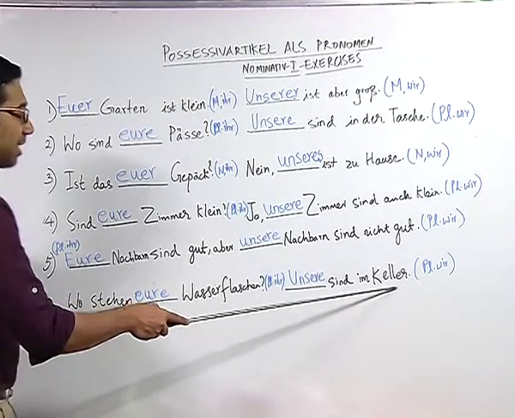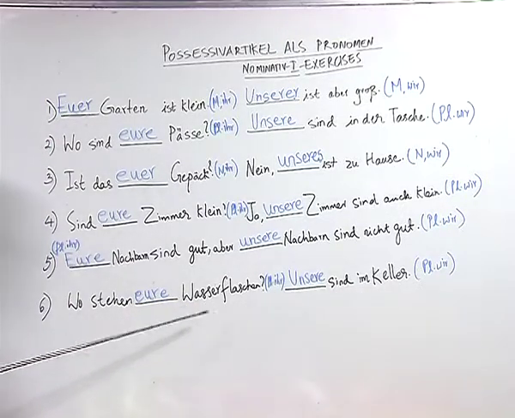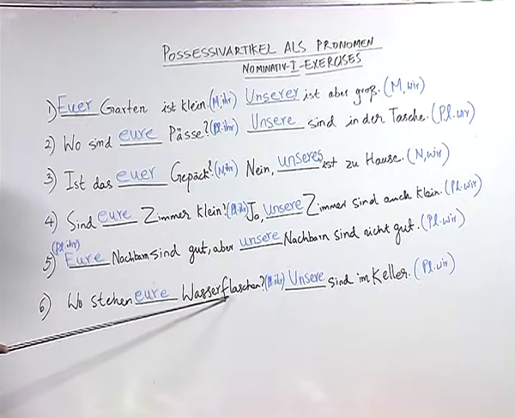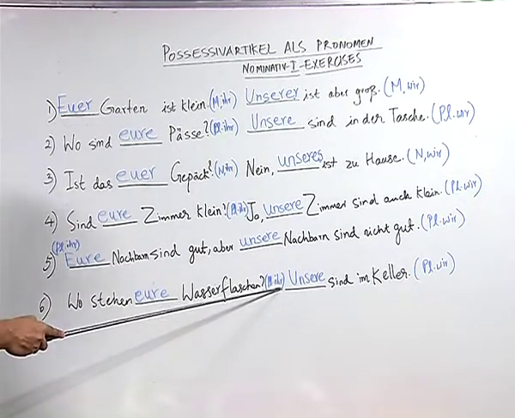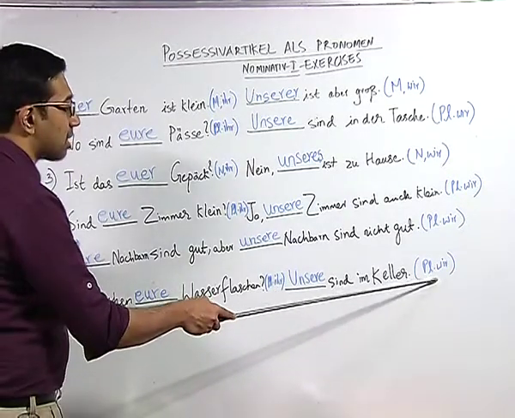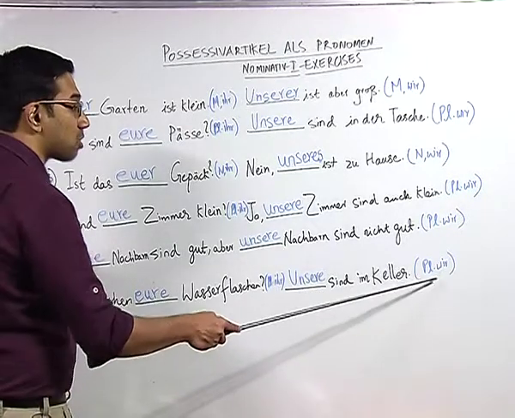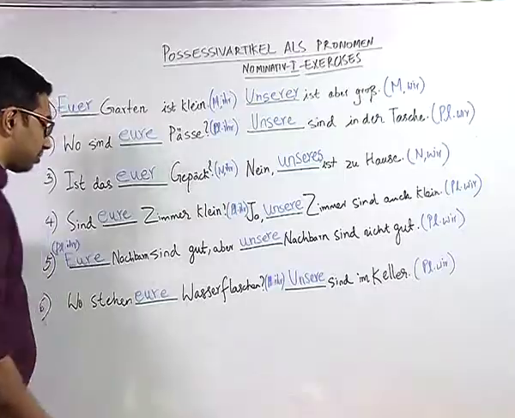Unsere sind im Keller. Im Keller means in the basement. Now here also the student has written the correct plural form of the possessive article eure with respect to the pronoun ihr, and also here the student has written the correct plural form of possessive article as pronoun based on the pronoun wir.